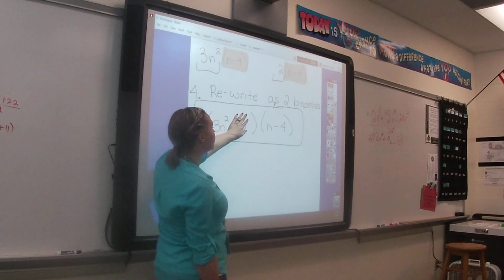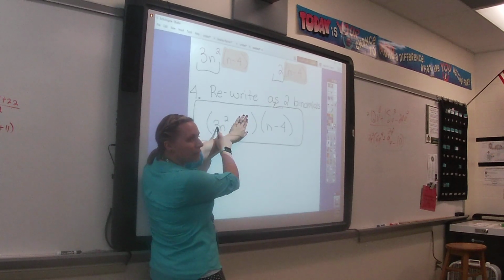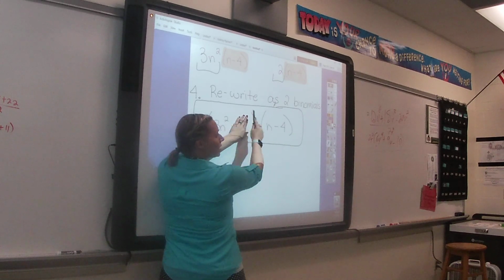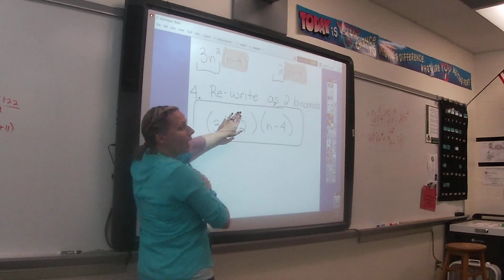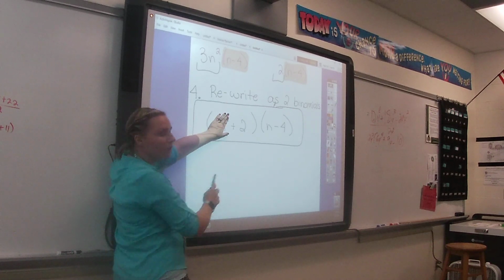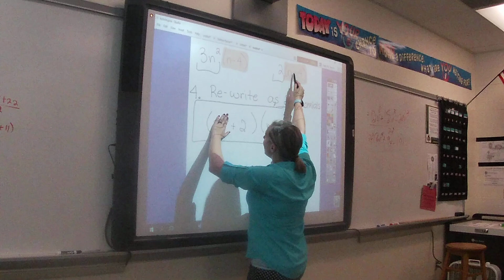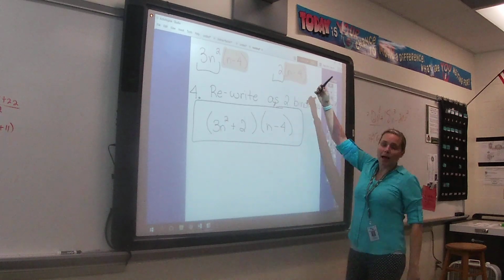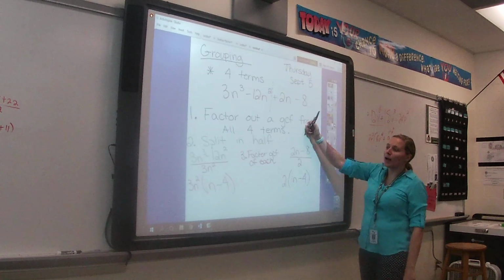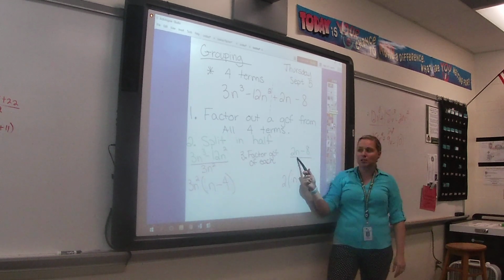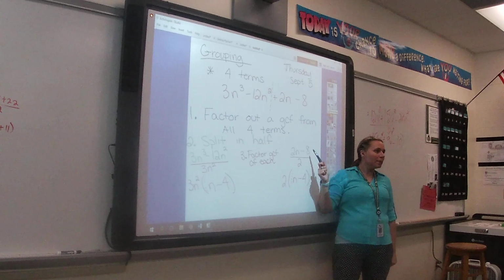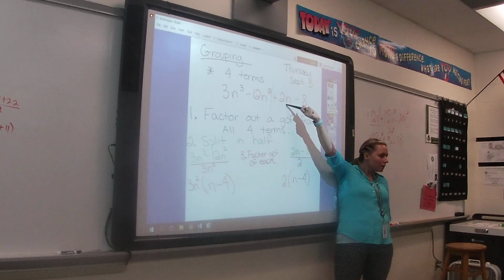I would distribute 3n squared to n minus 4, and I would distribute 2 to n minus 4. That would give me 3n to the third minus 12n squared plus 2n minus 8, which is the original problem.